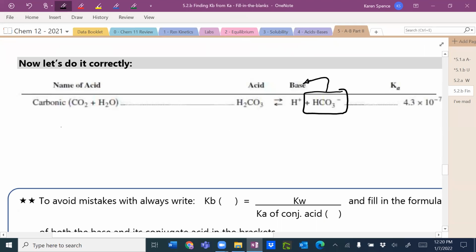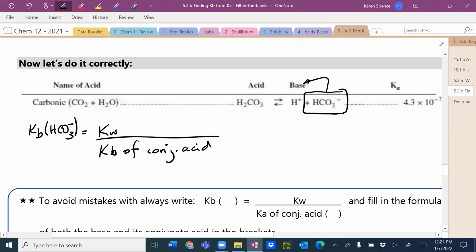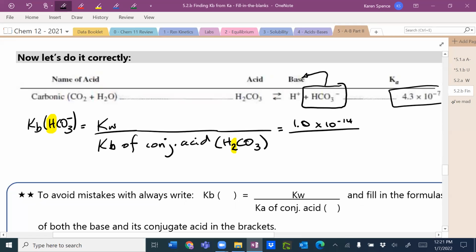And so I'm going to have Kb of HCO3 minus, and for now I'm going to write out the conjugate acid, and I'm going to write H. Make sure you add a second H to CO3, and then we have 1.0 times 10 to the negative 14 over our new value here, 4.3 times 10 to the negative 7, that is for the H2CO3.